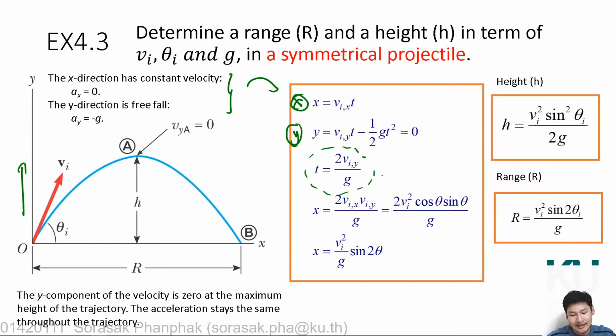And then we can sub all this information in, right? And with this characteristic, we got sine 2 theta. So that you can find the height of it, and you can also find the range of it as well. This is the summary of what we did in example 4.3.